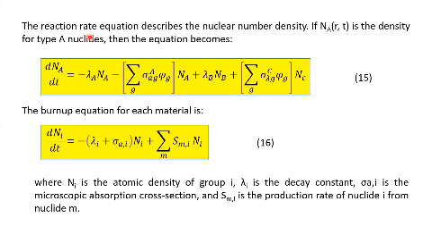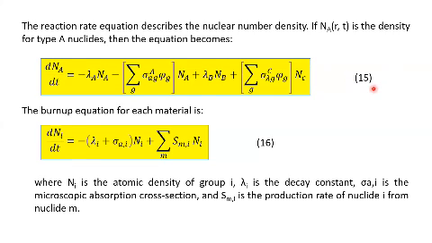The reaction rate equation describes the nuclear number density. If Na is the density for type A nuclides, then the equation becomes equation 15.